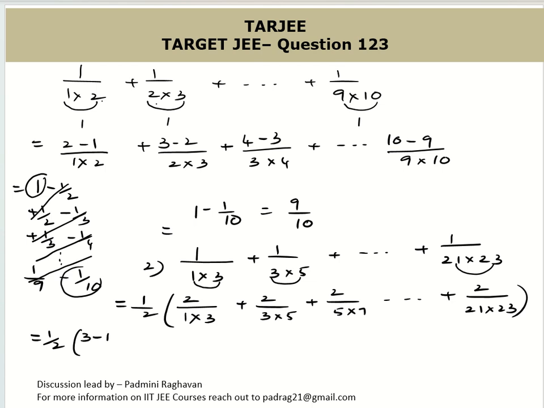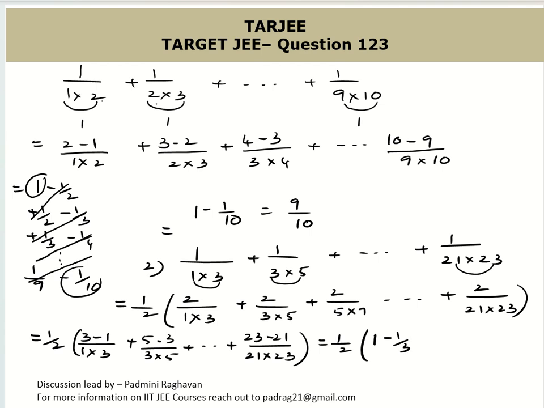So 3 minus 1 divided by 1 into 3 plus 5 minus 3 divided by 3 into 5 plus etc. The last term will be written as 23 minus 21 divided by 21 into 23, and split them into separate terms. The first term will be 3 divided by 1 into 3. 3 will get cancelled. You get a 1. Second term will be minus 1 by 3. Let me write it in a vertical pattern for us to understand the cancellation well. The third term will be 5, which will get cancelled.